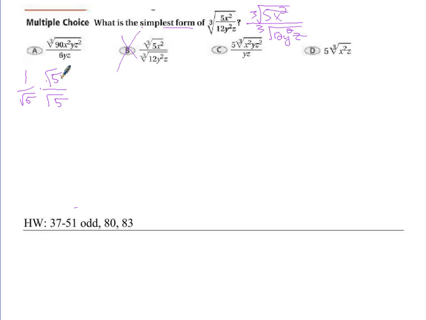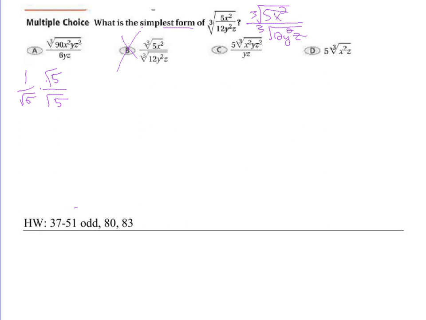But on this one, I'm dealing with a cube root, which means to undo cube roots, I have to wind up with that cube root being cubed. So that means I have to multiply the denominator times itself 3 times. If I do that, then the cube root will disappear.